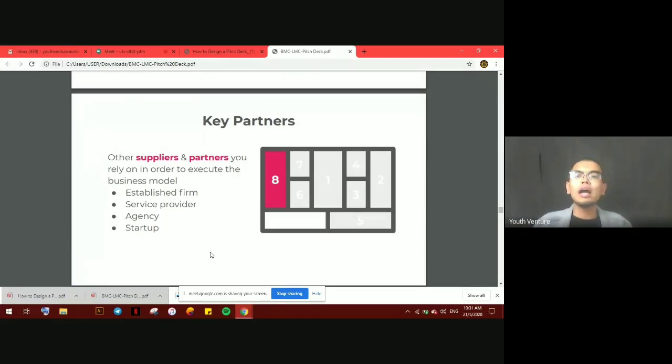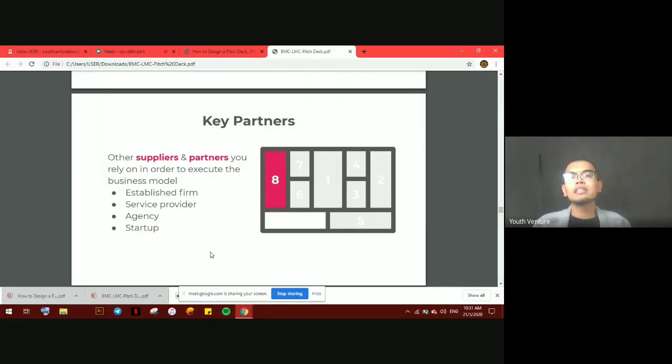So the reason why you have key partners within your organization is because you don't want to do everything. As a business, there are too many things to do on a daily basis. So if you can reduce certain parts of your job and hand them over to your partners, and if it can make your business more efficient, by all means you should do it.